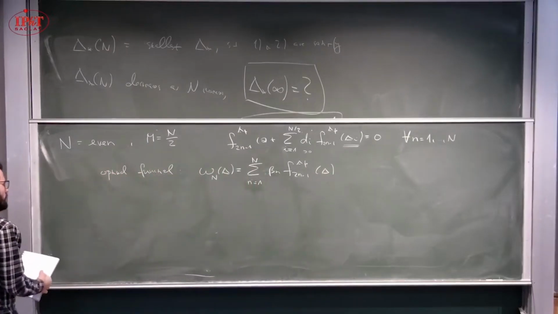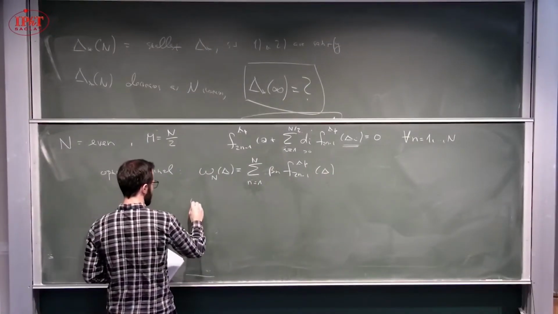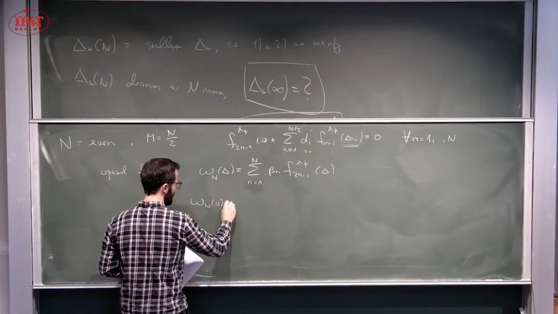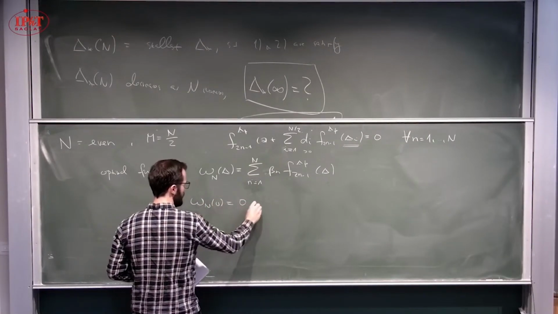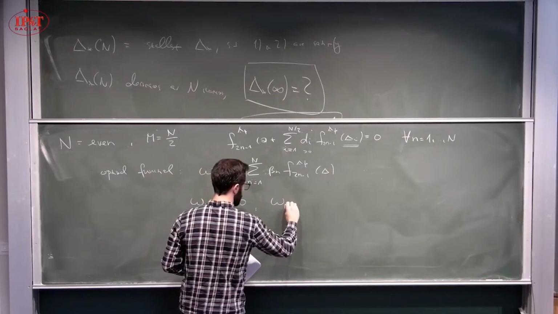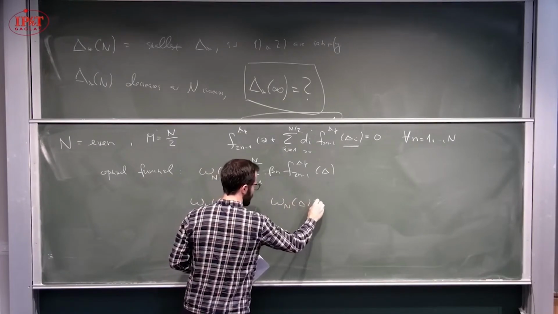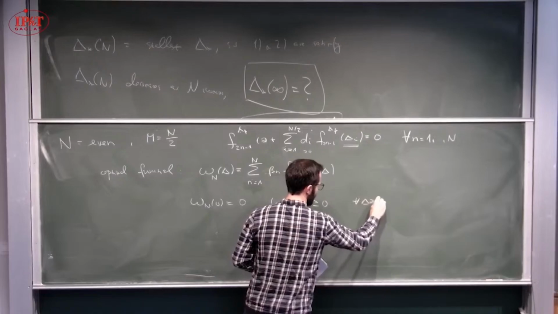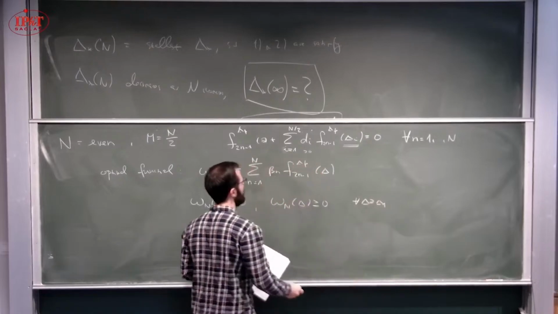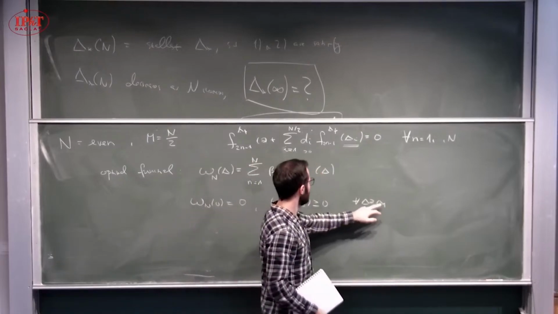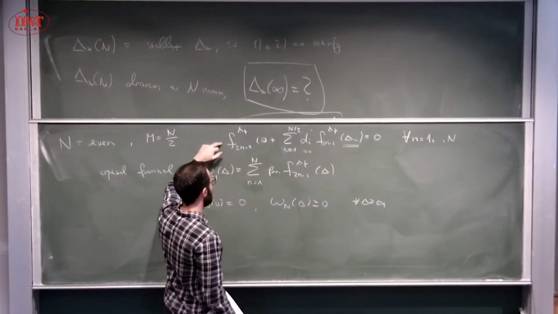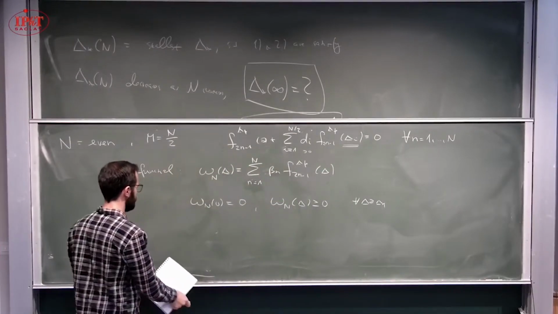So the optimal functional should be 0 at the identity, and it should be positive for all delta above delta 1, where now delta 1 is this delta 1 which appears in some particular solution of this truncated system.